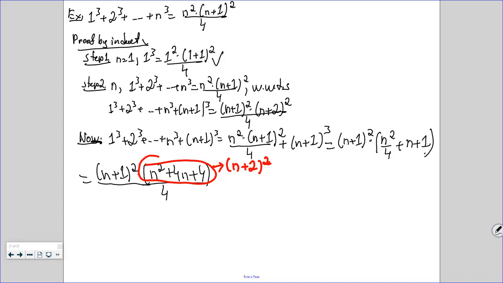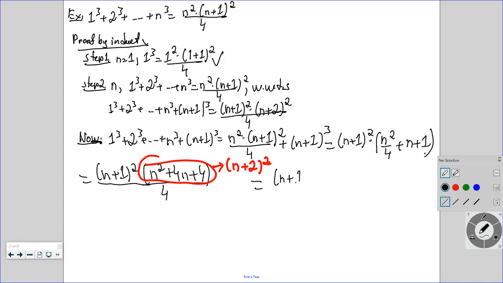So we end up proving that the whole summation of cubes is equal to this, which we wanted to prove. Okay, that's all for this lecture.